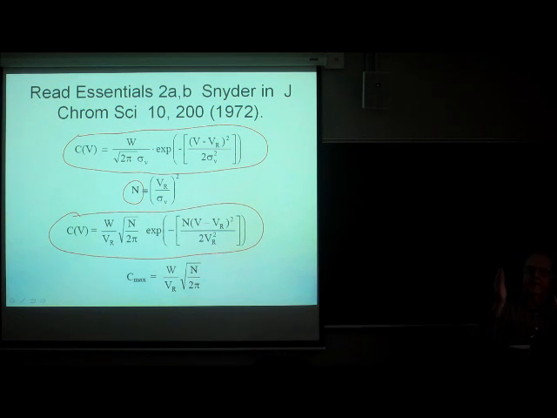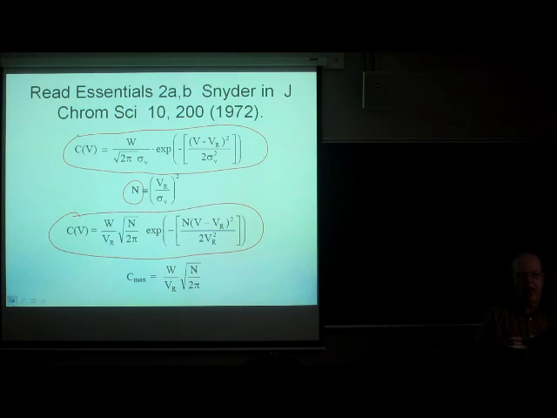Doesn't matter whether V is less than VR or bigger than VR, you're squaring that number. It's always a positive number. Always, always, always. So now if you take the exponential of minus a positive number, the result is always less than 1. So the peak maximum is always at V equal to VR.